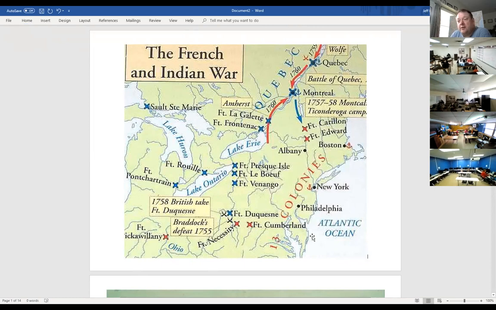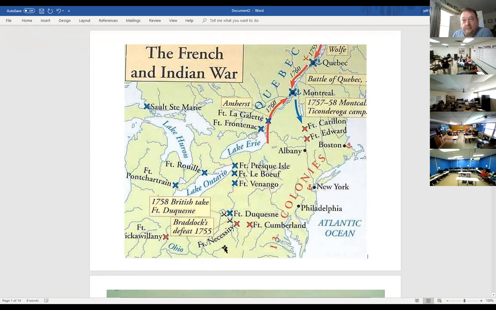And so the Virginia governor sent a young American military man named George Washington to go and, not really raid it, but to kind of survey it and look things over. And Washington and his men came upon a small French expedition that they surprised and were able to defeat.